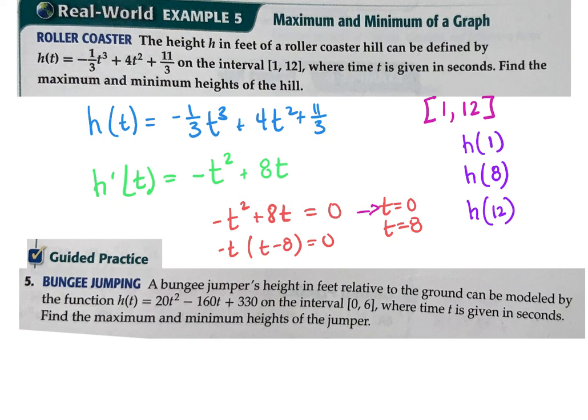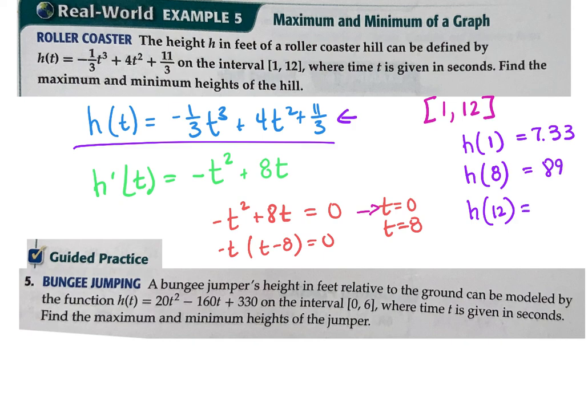How do I figure out what the values are? Plug them into my position function. My position tells me how high I am. When I plug in a 1, trust me on this because it's a pain, you get decimals, you get about 7.33. You get 11/3 when you plug in a 1. When I plug in an 8, I am going to get 89.